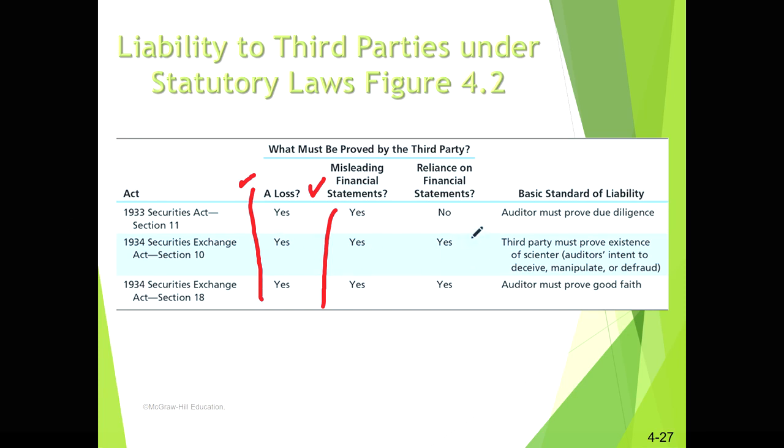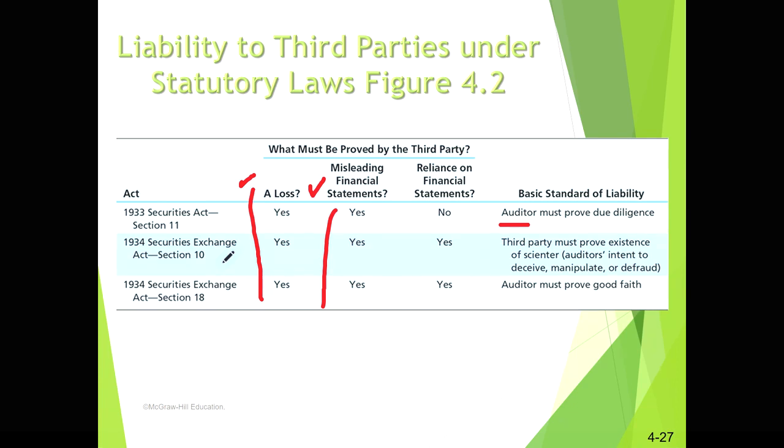So the 33 Act says you don't even have to prove reliance on the financial statements, right? And so this one actually shifts the burden onto the auditor. The auditor is basically having to prove that they did due diligence. So if I'm a trial lawyer, this is what I want to have to show. This is the one I want to be able to bring as a third party. I've got to show there's a loss, and I have to show that the financial statements are misleading.